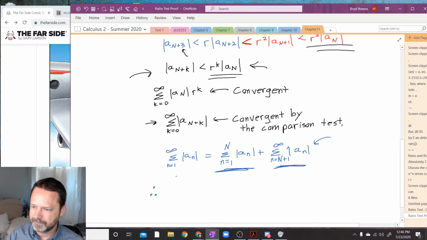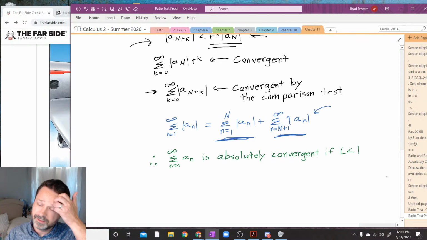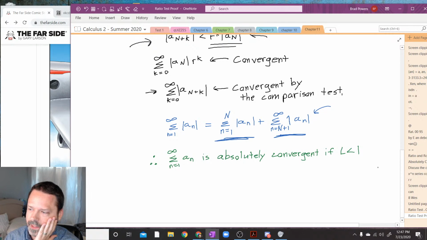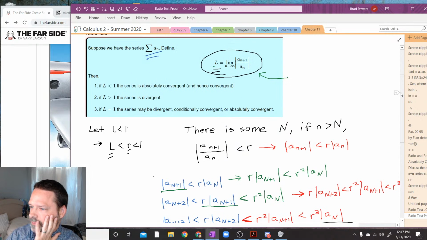Therefore, the sum from n equals 1 to infinity of a sub n is absolutely convergent when L is less than 1. That was our original assumption. L being, let's go back up here, this guy. That's what we started with.